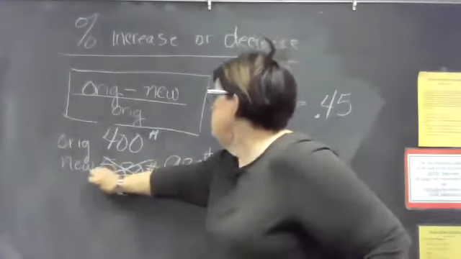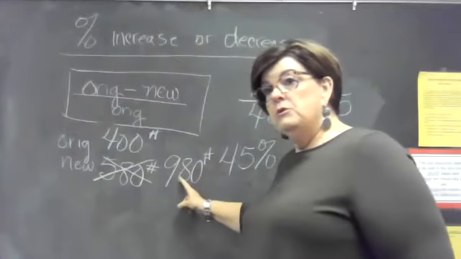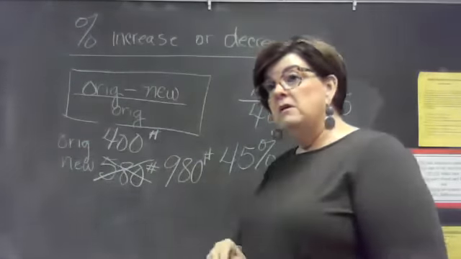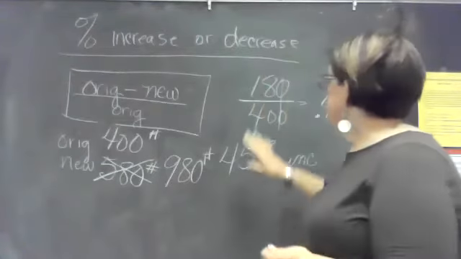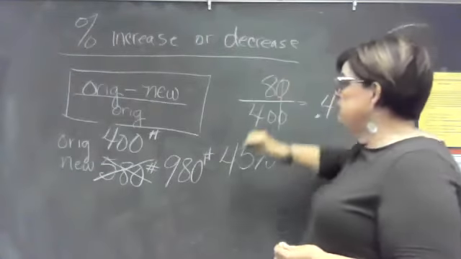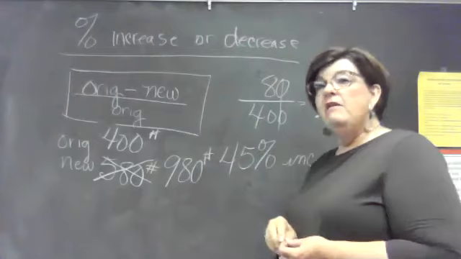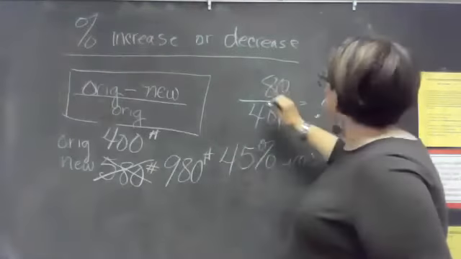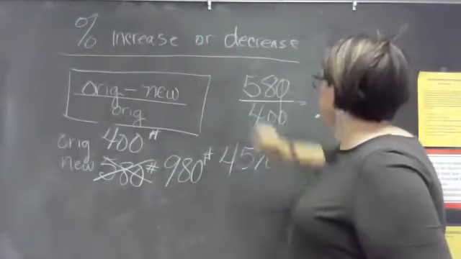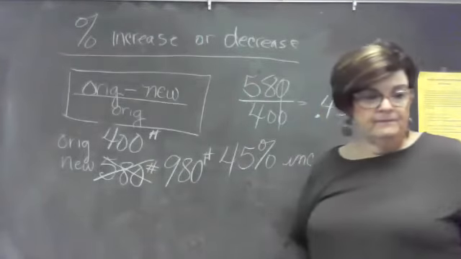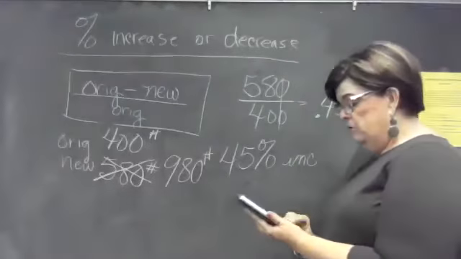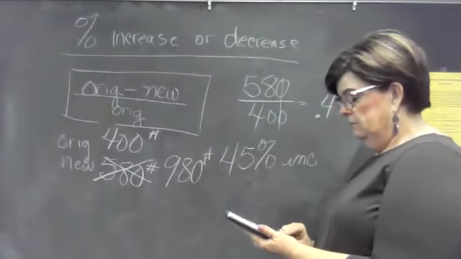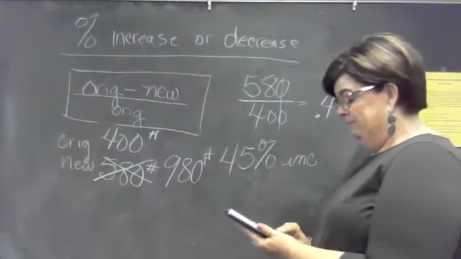So what we're going to do here is use these numbers, is what I think they're asking us to do. The difference here would be 580, wouldn't it? Let's try 580 and divide by 400. Yeah, that's 145. 1.45.